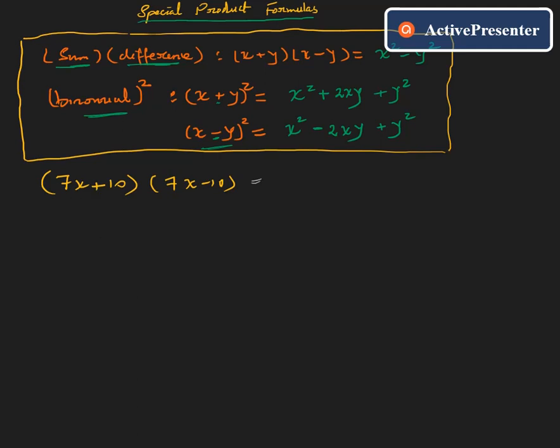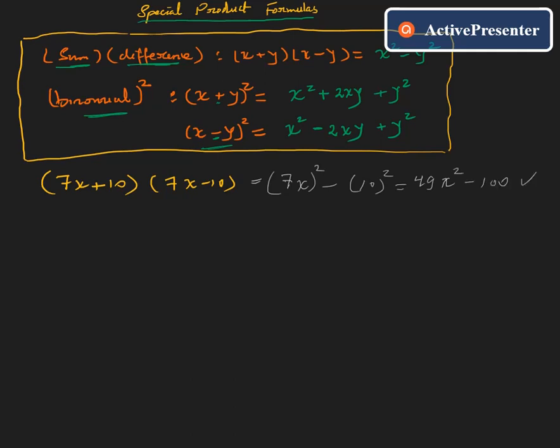So using the sum multiplied with the difference, we know it is x squared minus y squared. So this means the first term squared, 7x squared, minus the second term squared, which is 10 squared. This is equal to 49x squared minus 100.